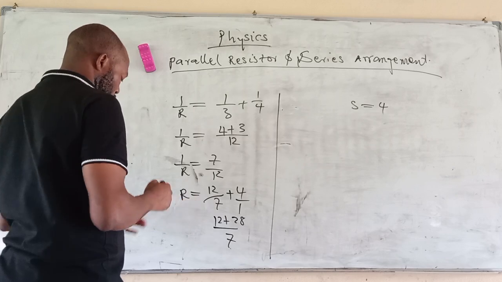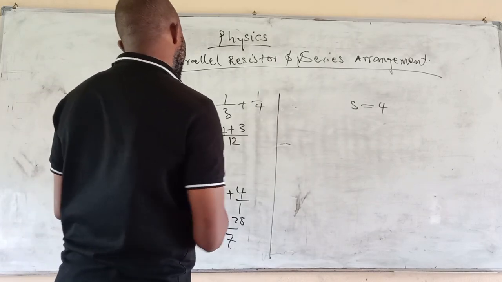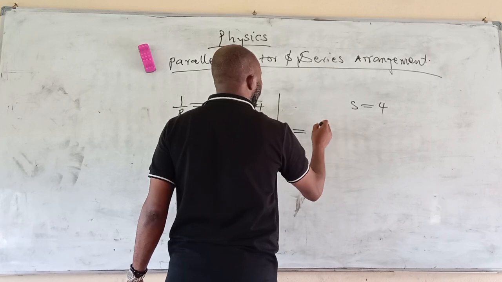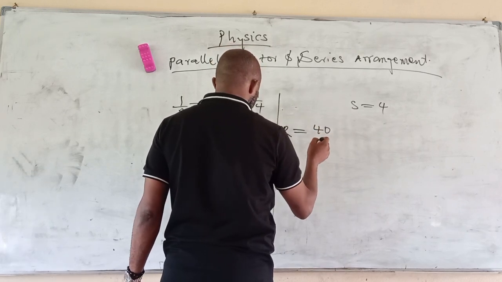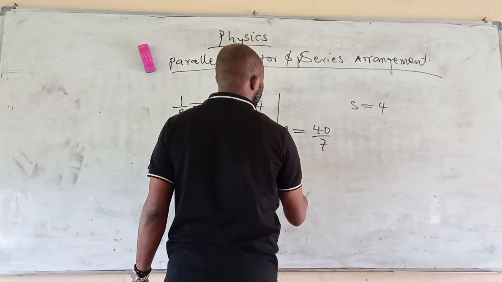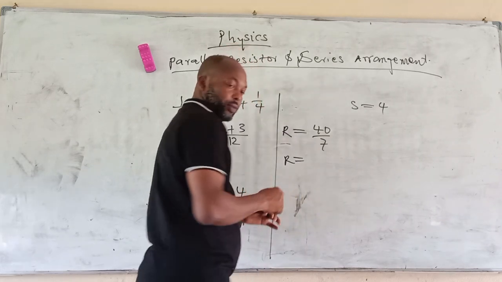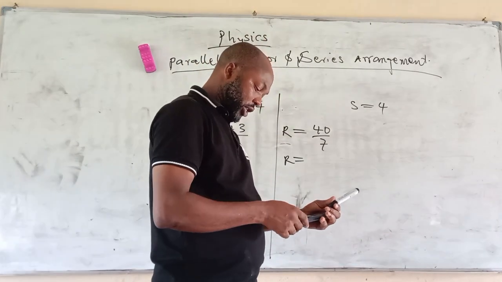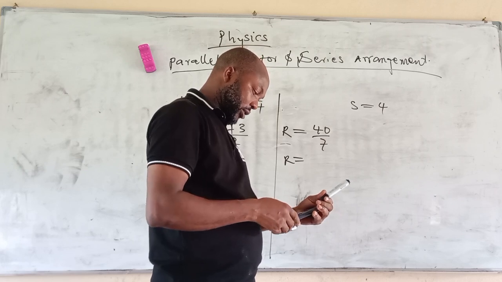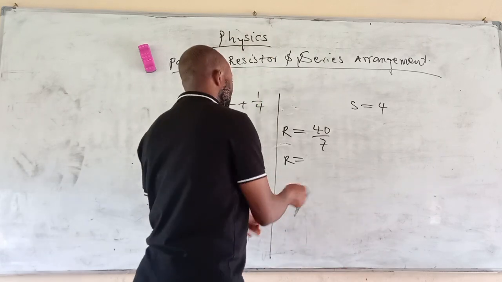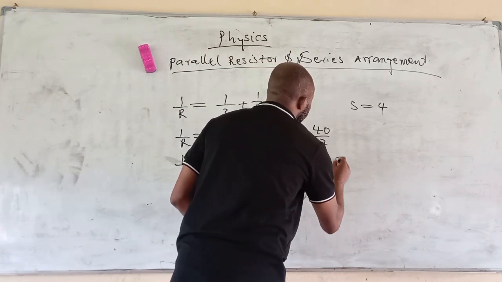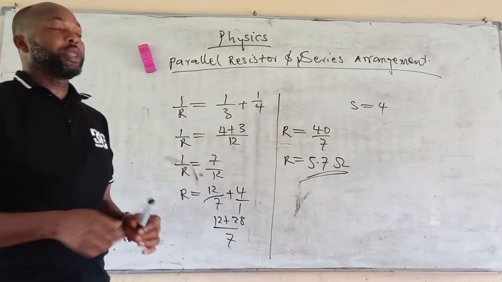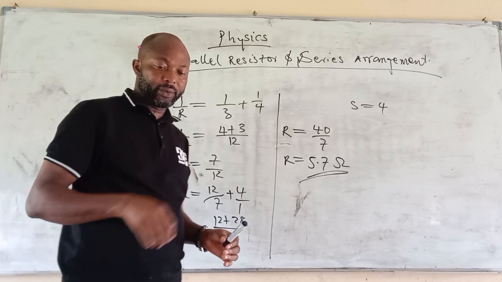Come over here: 12 plus 28 is 40. Now R is equal to 40 over 7, which is 5.7. So this is 5.7 ohms. That's our answer to this question.